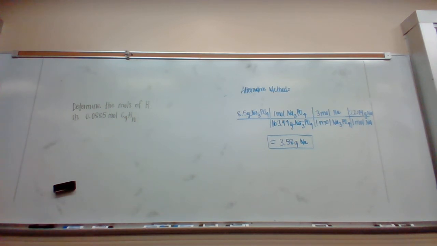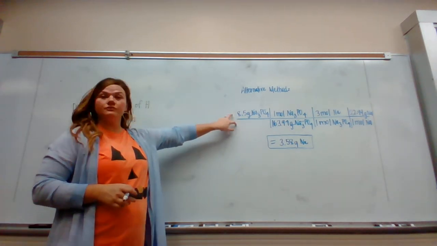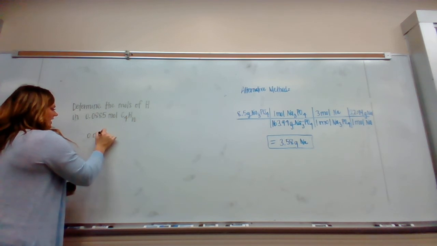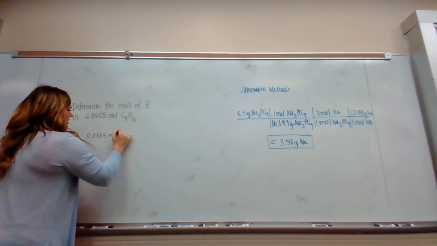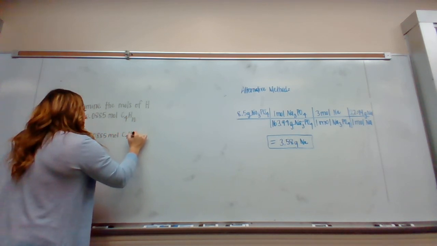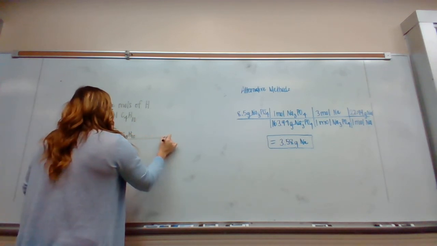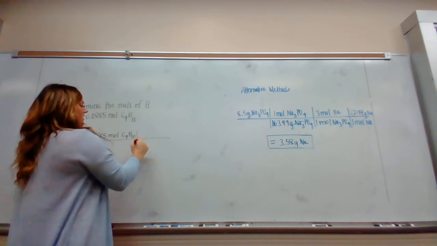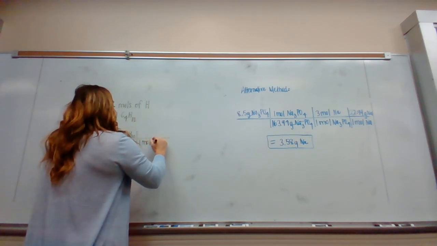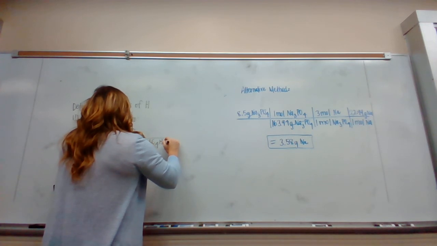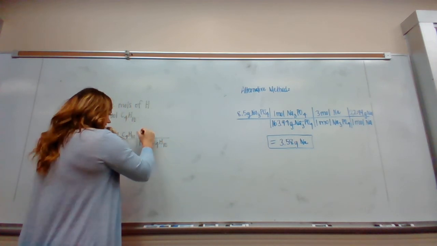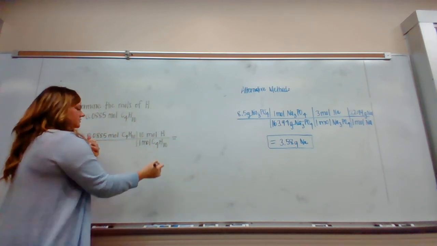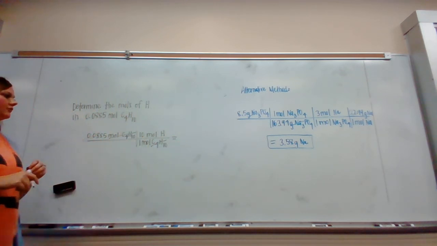This is just a simpler version of what I was doing here. So let's do it. Start with what you're given, 0.0885 moles of C4H10. For every 1 mole of C4H10, put that on bottom. How many moles of hydrogen do I have? 10. I got that from the formula. Okay, so that cancels. I'll be left with moles of hydrogen.